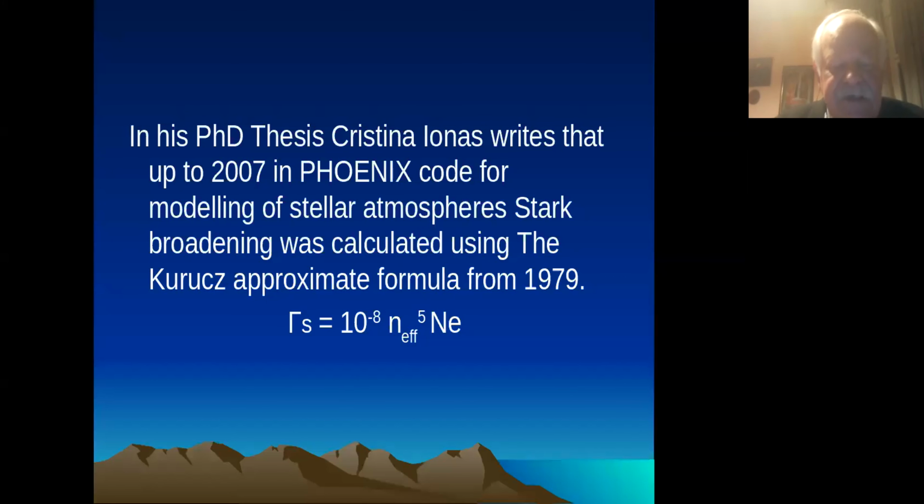natural broadening. In her PhD thesis, Christina Jonas writes that up to 2007 in the PHOENIX code, which is a very good code for modeling of stellar atmospheres, Stark broadening was calculated using the very simple Kurucz formula from 1979, which is really very approximative.